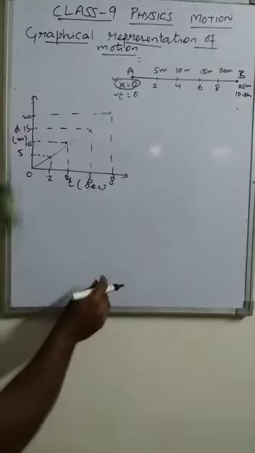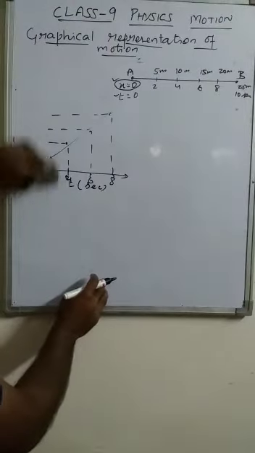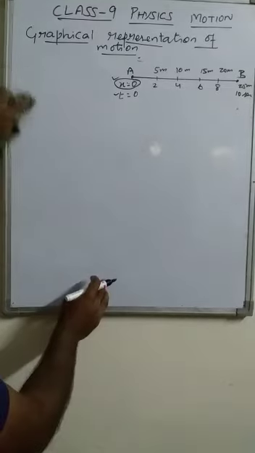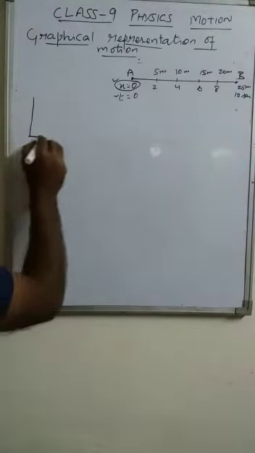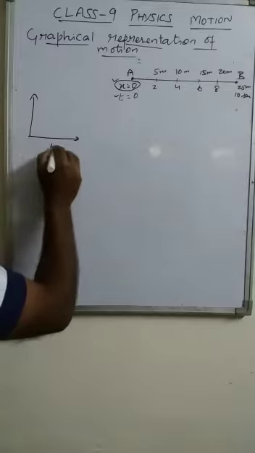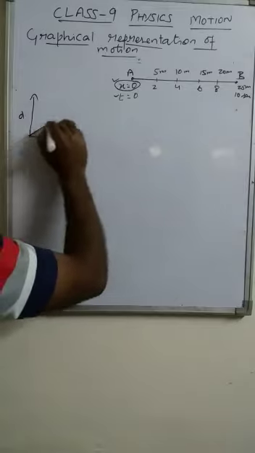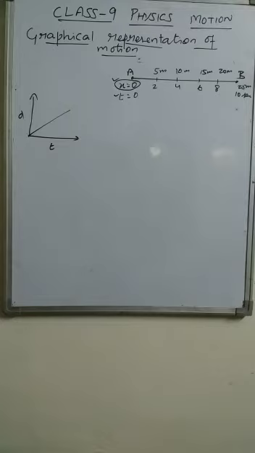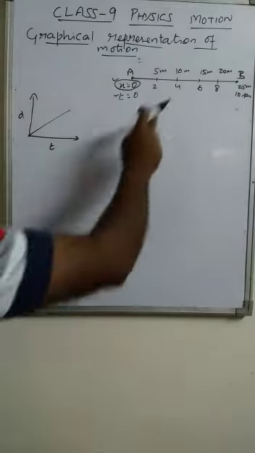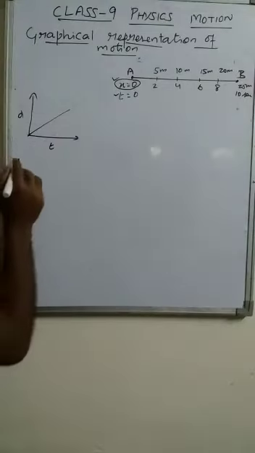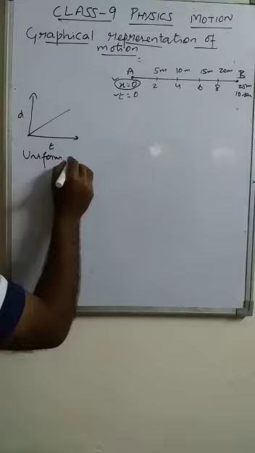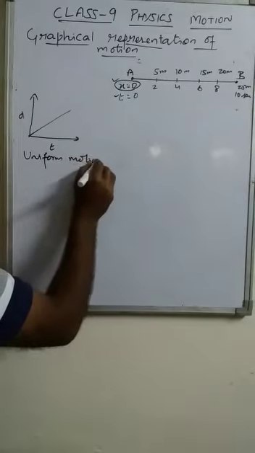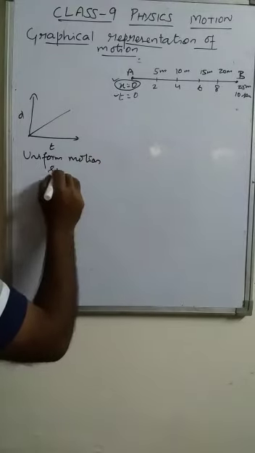So that it is plotted like this without values. This is the distance time graph. We are getting the straight line. This straight line represents the object is in uniform motion, or it is uniform speed.